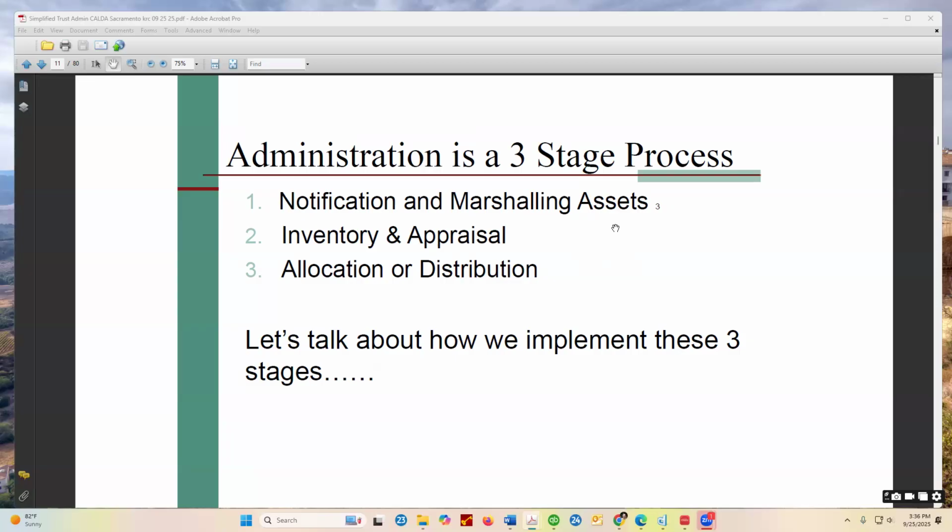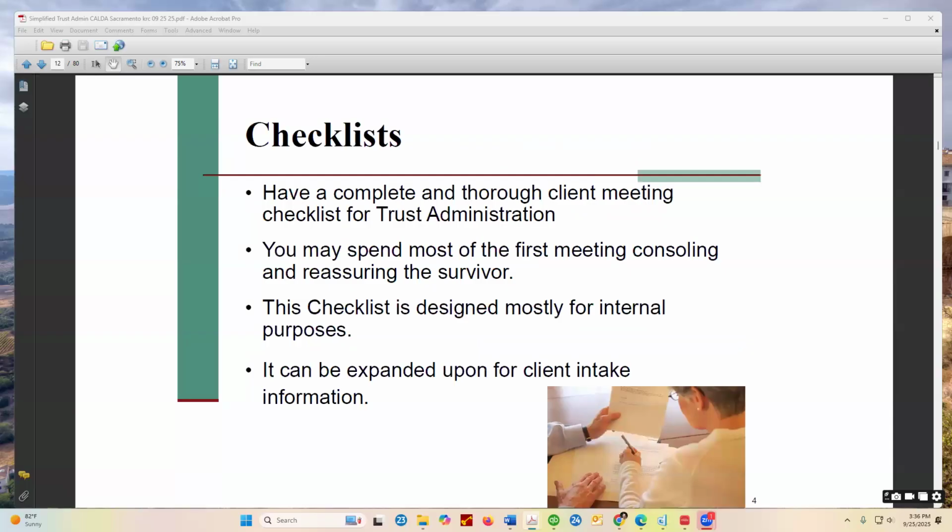You need to start thinking of a process for inventory and appraisal of assets in the estate, both real and personal property, and think ahead a little bit about what the trust says about allocating assets or distribution. Checklist: have a complete, thorough client meeting checklist.